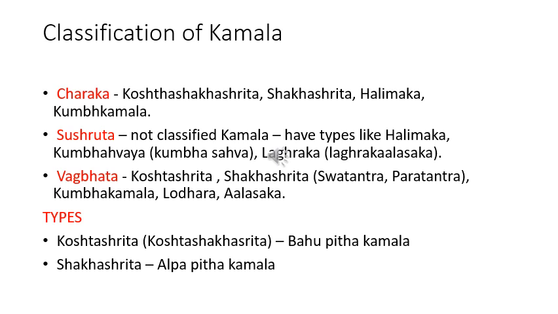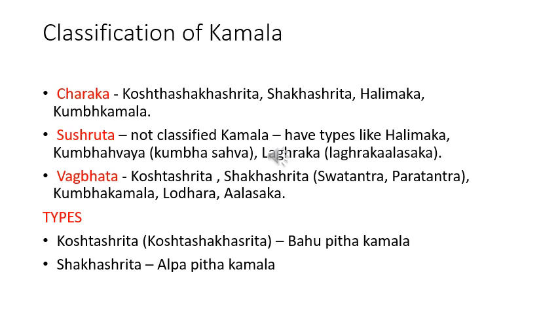So these are the basic types of Kamala, that is Koshta Shakhashrita and Shakhashrita Kamala, and other stages like Halimaka and Kumbha Kamala. Sushruta has not definitely classified it as Koshtashrita or Shakhashrita, but types like Kumbha Kamala or Halimaka are mentioned as the types of Kamala.